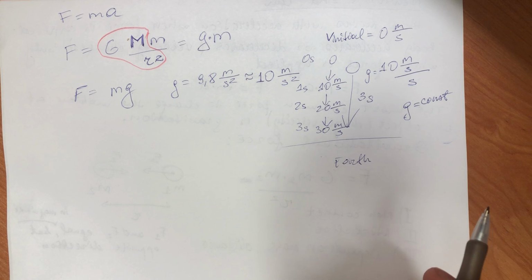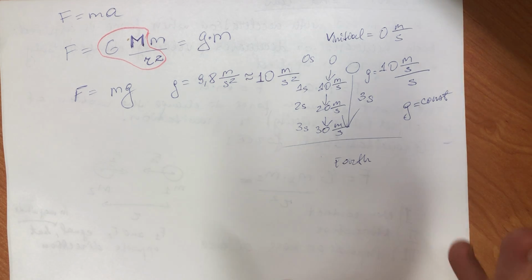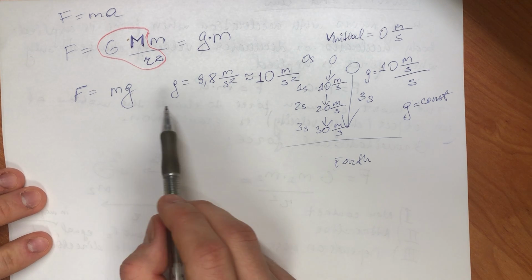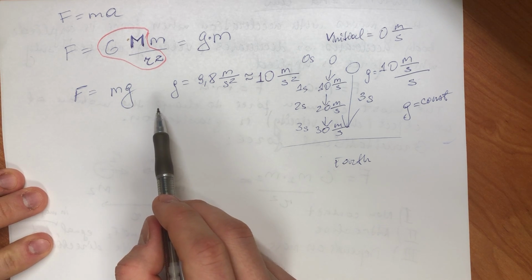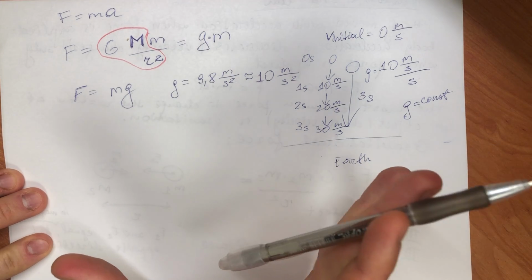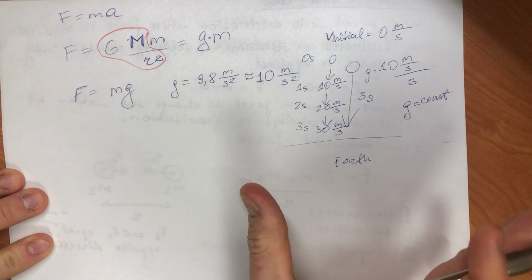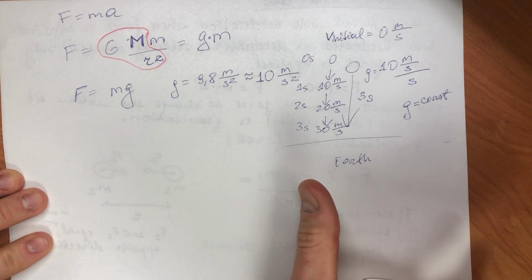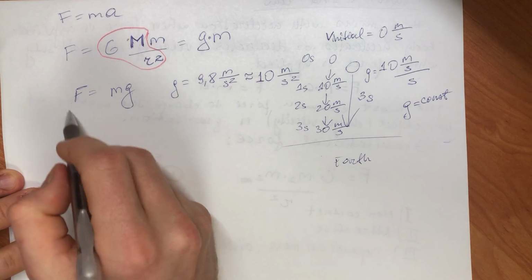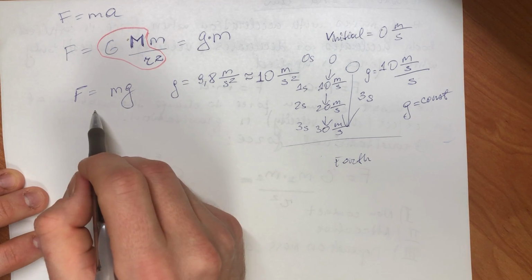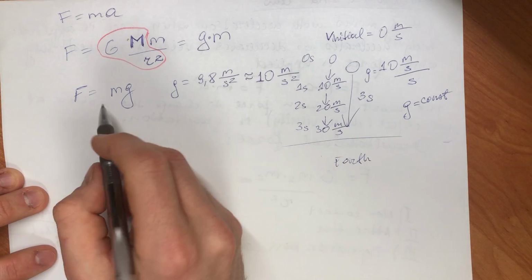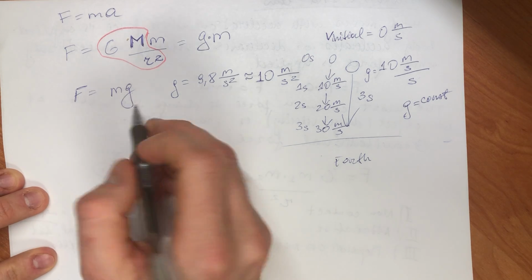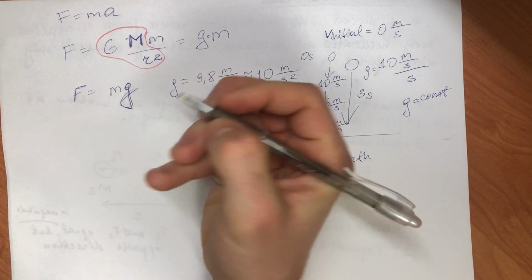Okay, so now what I wanted to tell you is a bit philosophical, maybe. When we're speaking about gravitational force, and we're saying that gravity attracts some kind of object, let's say Earth's gravitational force attracting some smaller object and it's falling down, we express it as capital F equals mg, referring to gravitational force.